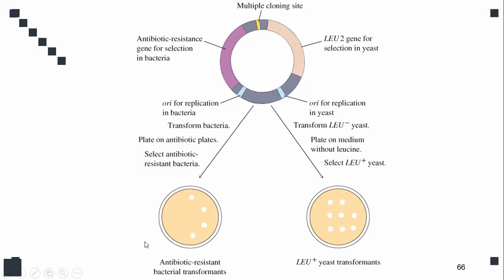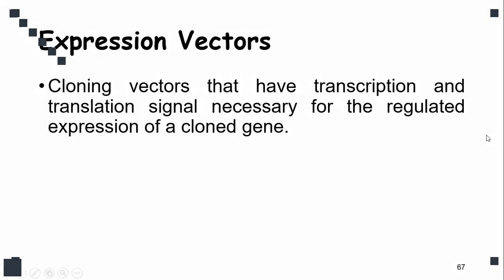And so you can see under antibiotic resistance, bacterial transformants are actually here, and then under leucine 2, yeast transformants are actually seen here. So this is what is called a shuttle vector, to shuttle between eukaryotic and prokaryotic systems.